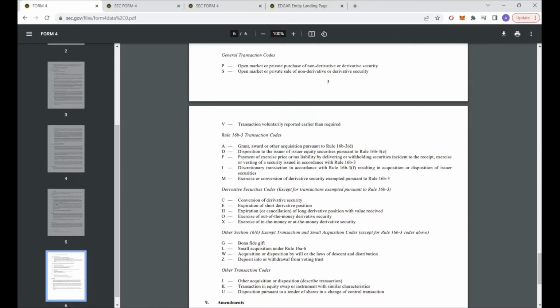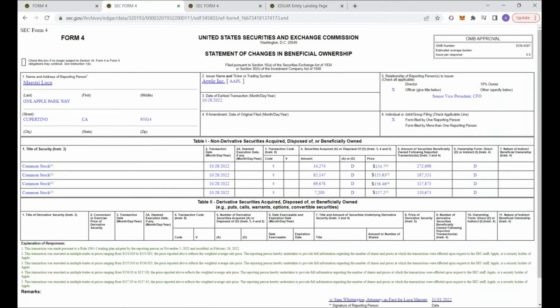The transaction code that you'll probably see the most is S. So that's the one we just talked about. So when you see a transaction code S, it means the company insider sold shares. Plain and simple, they sold shares. So if you look at this transaction from Apple's CFO, you can see they sold shares on October 28, 2022.